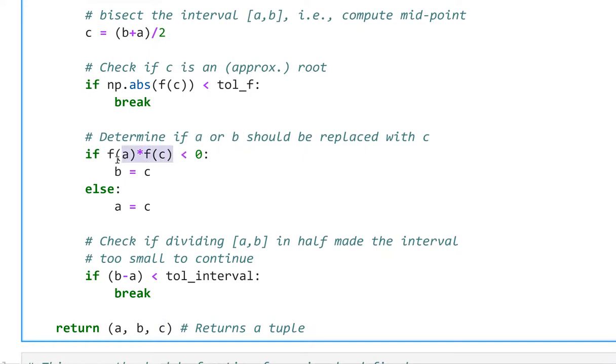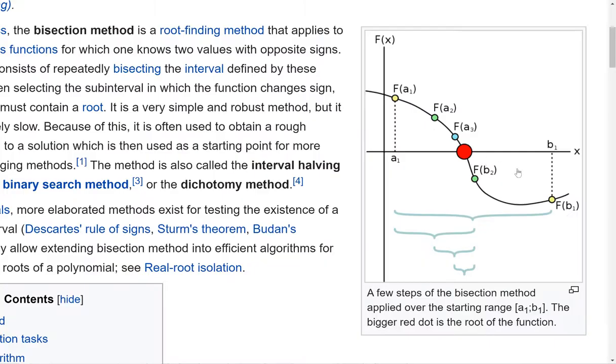So we check to see if f of a and f of c have different signs. If they do, then that means we should make the new right endpoint b equal to c. Otherwise, we make a equal to c as the new left endpoint. That might seem a little strange at first, but it's consistent with what this picture is telling us.